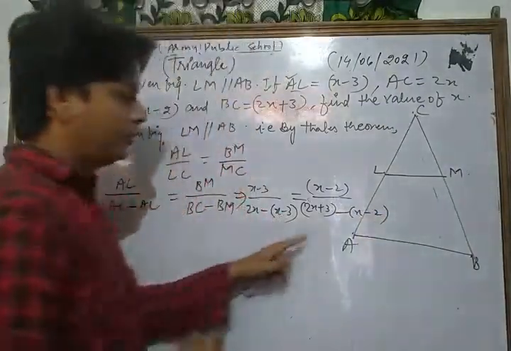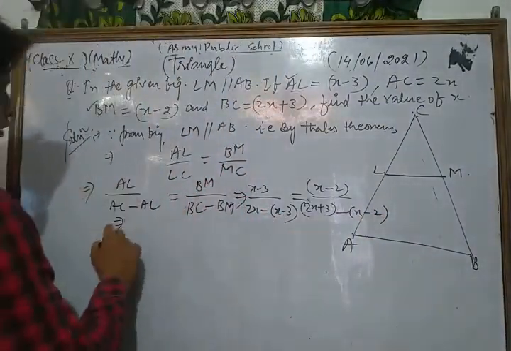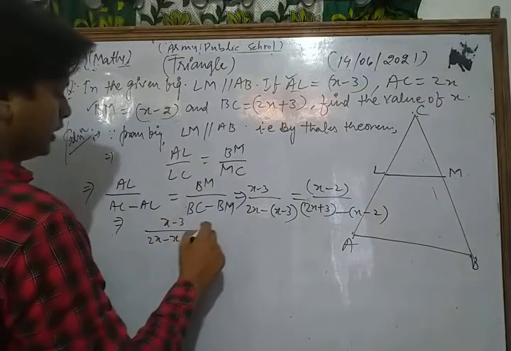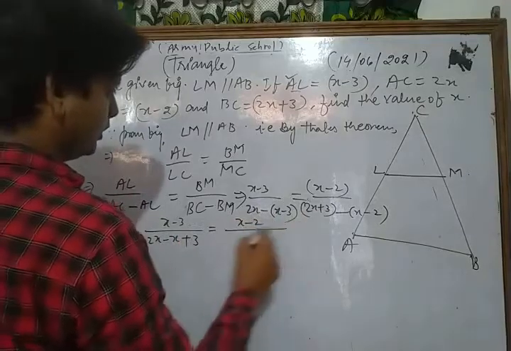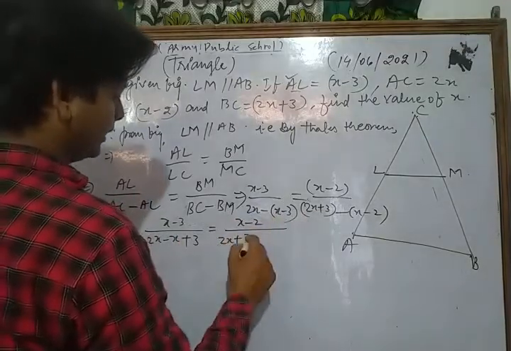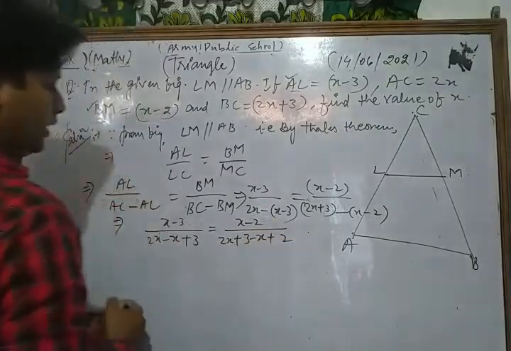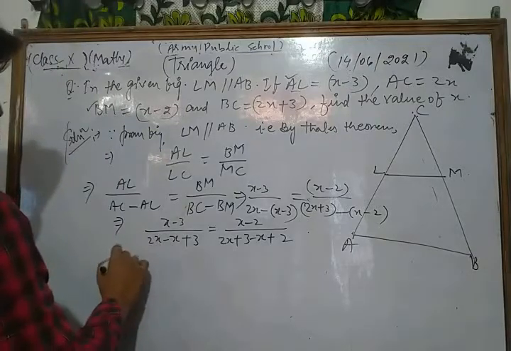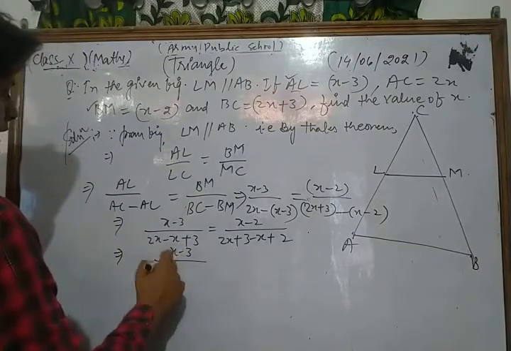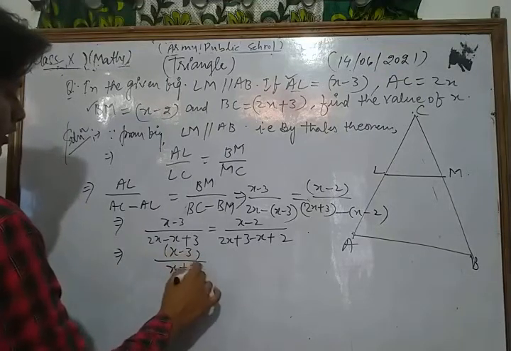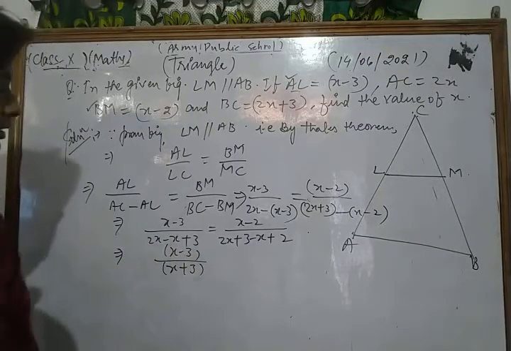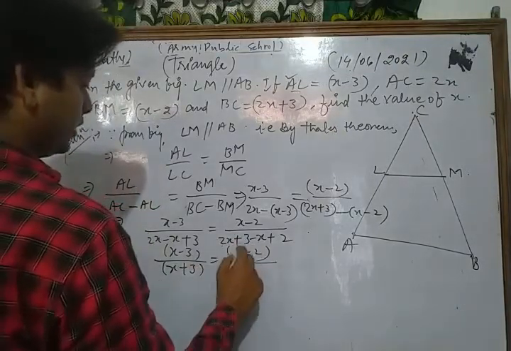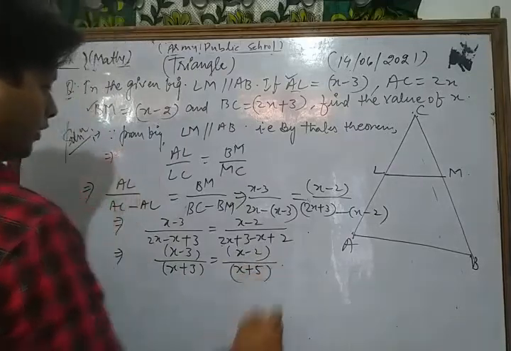Now we simplify them. We get x minus 3, we break the brackets, 2x minus x plus 3, is equal to x minus 2 upon 2x plus 3 minus x plus 2. Now we simplify: x minus 3 upon x plus 3, because 2x minus x is x left here, and x minus 2 upon 2x minus x, 3 plus 2, this is x plus 5.